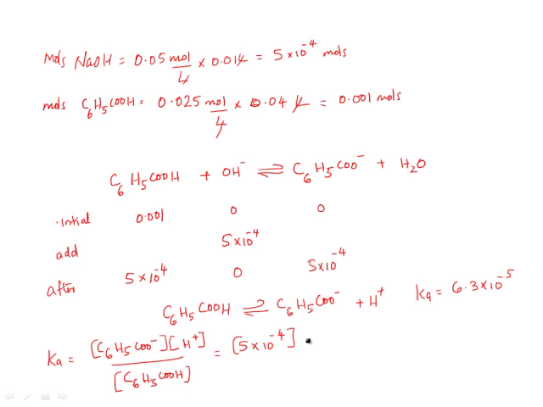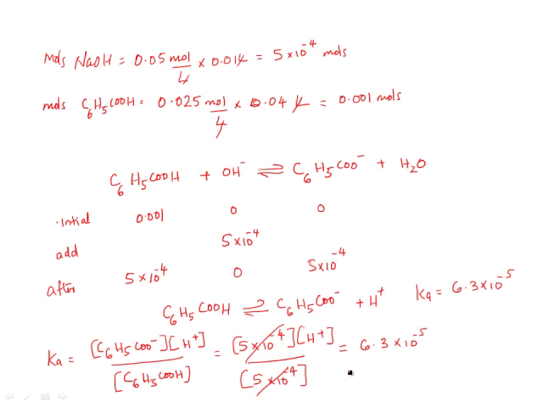So we will represent H plus as just H plus, because that is what we are going to solve for, divided by C6H5COOH concentration is also the same. So 5 into 10 to the power negative 4, which is equal to 6.3 into 10 to the power negative 5. Now since these two numbers are exactly the same, I guess they cancel out. So basically H plus is the same as Ka.